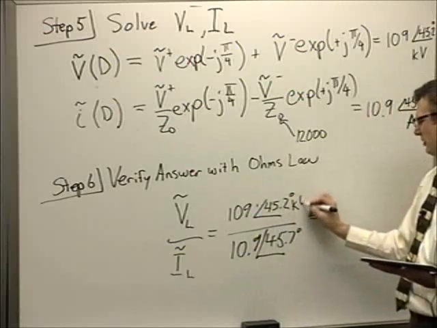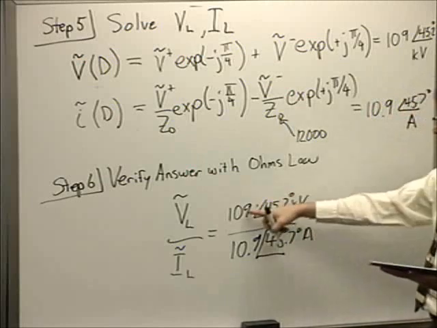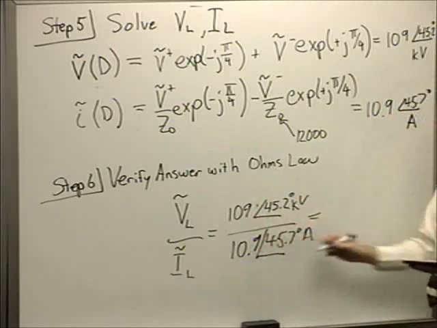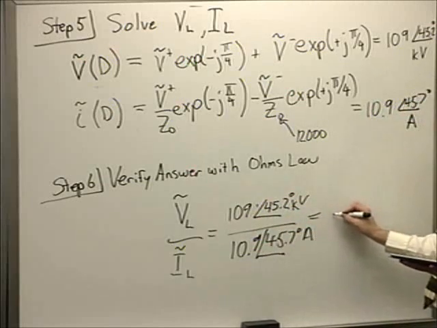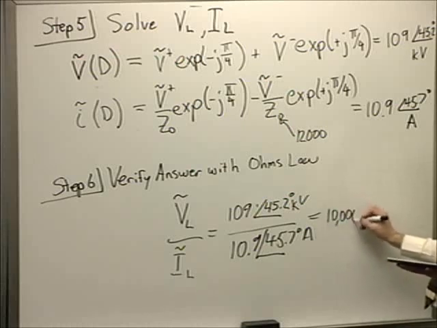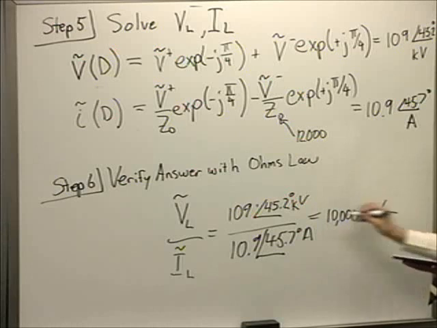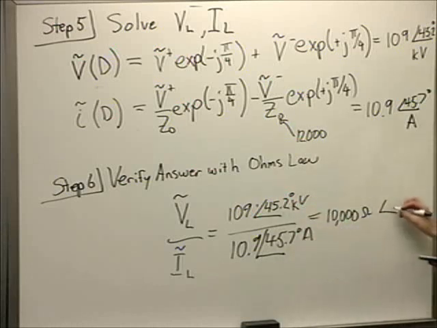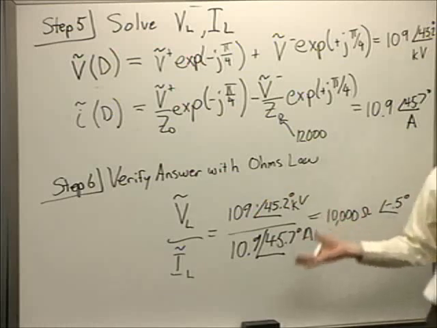This is kilovolts, this is amps. 109 kilovolts divided by 10.9 amps is going to be 10 kiloohms. And that angle is going to be 45.2 minus 45.7, or negative 0.5 degrees, which to any engineer is 0 degrees, right?